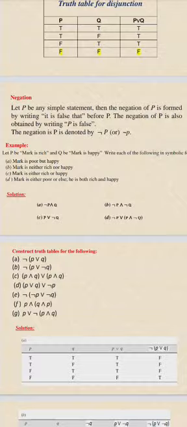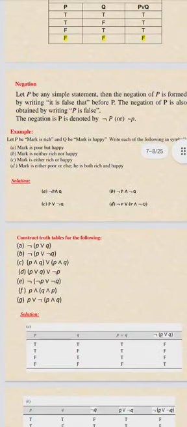P is the statement "Mark is rich", and not rich means poor, so "Mark is poor" is ¬P. Happy is the Q statement. So the first symbolic form is ¬P and Q.